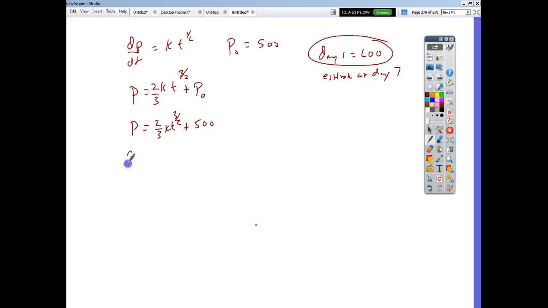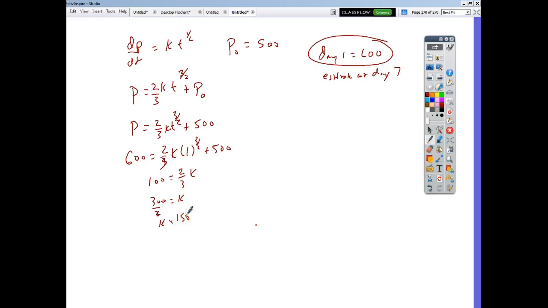So 600 equals 2/3 K times 1 to the 3/2 plus 500. Agreed? Move that across, I get 100 equals 2/3 of K. Flip and multiply, I get 300 over 2 equals K, or K equals 150.